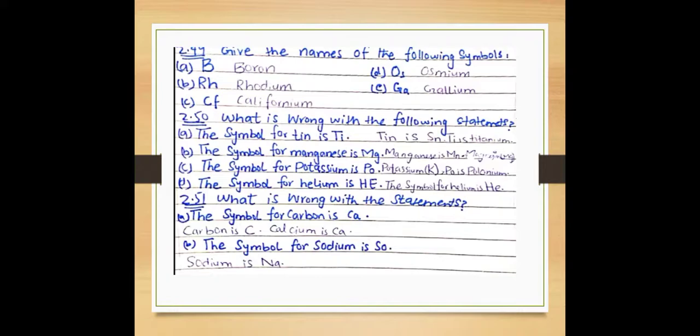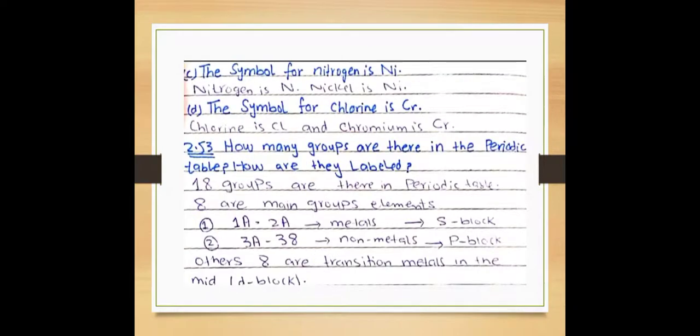No, it is not So. Sodium is capital N, small a. The symbol for nitrogen is capital Ni. This is nickel, and for nitrogen, capital N is the symbol. The symbol for chlorine is Cr. No, Cr is the symbol of chromium, and for chlorine it is capital C, small l.